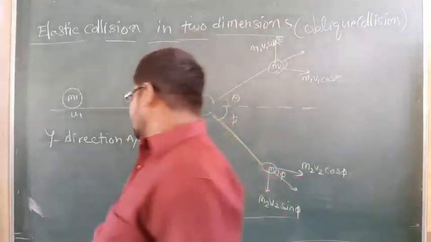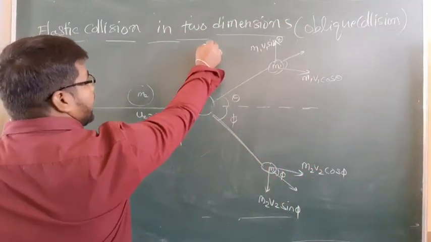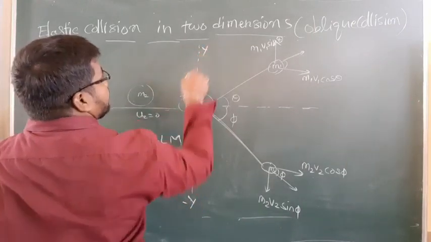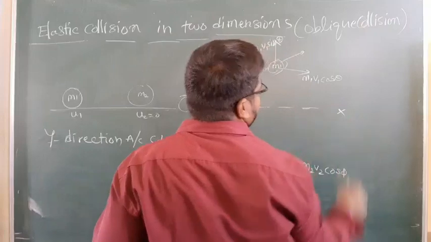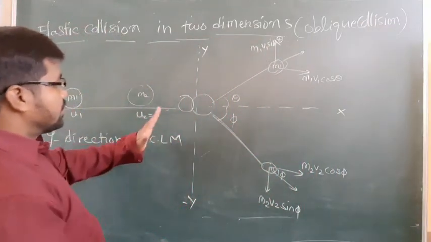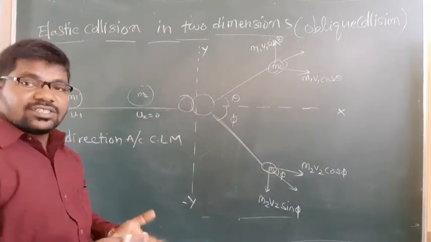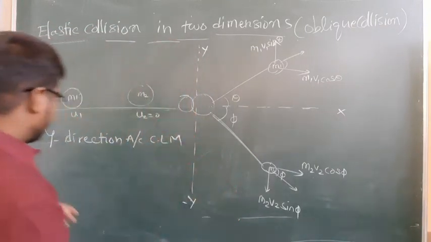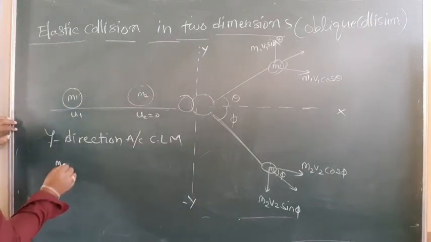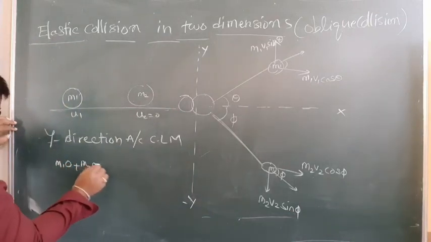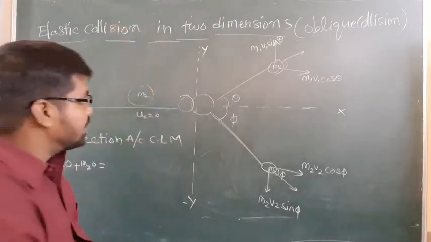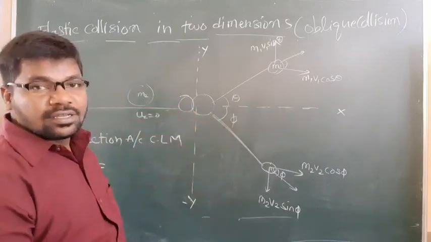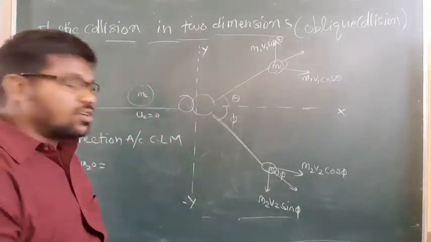We calculate this along x and along y. Along the y-axis there is no initial momentum, m1 times 0 plus m2 times 0, because the two bodies are moving in the x direction, so there is no initial velocity along y.